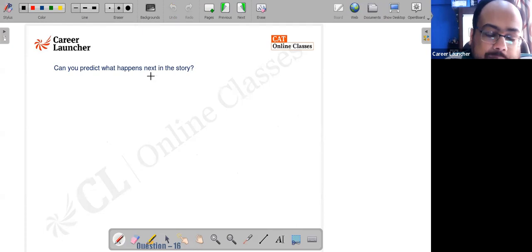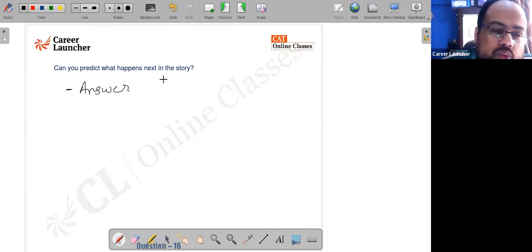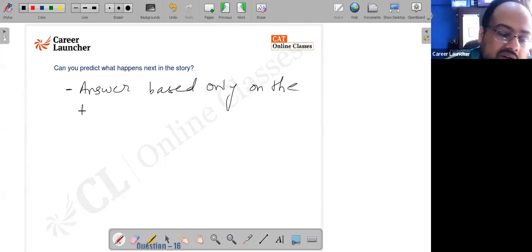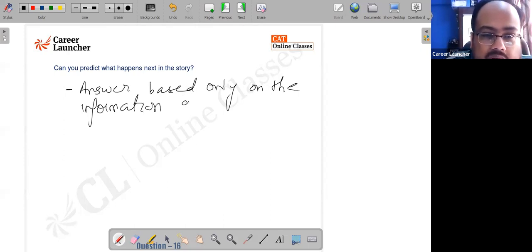Can you predict what happens next in the story? Now, this is a very interesting question. Can you predict what happens next in the story? Remember one thing, in reading comprehension, no matter which question it is, answer based only on the information given in the passage.